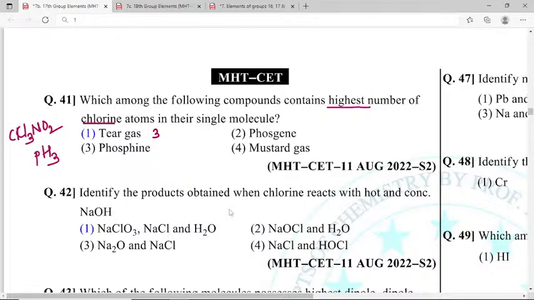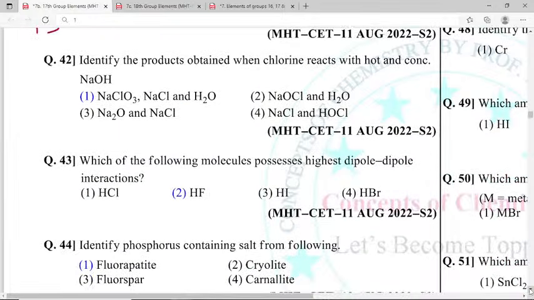Phosgene, POCl3. Mustard gas, 2 chlorine. So this is 2 chlorine, phosphine has no chlorine, tear gas has 3 chlorines. Tear gas contains 3 chlorines.